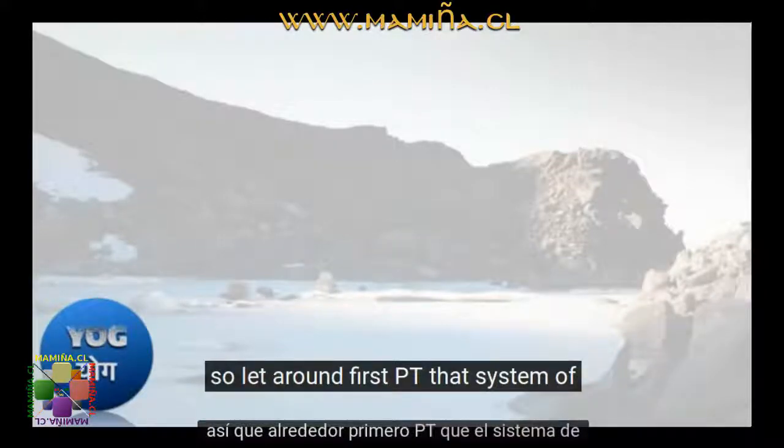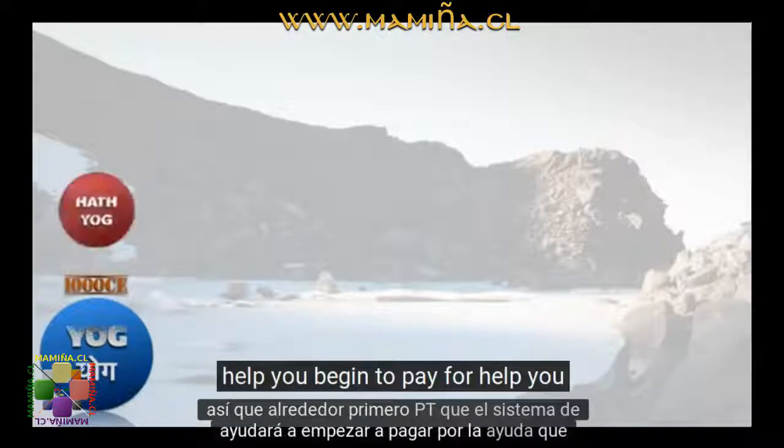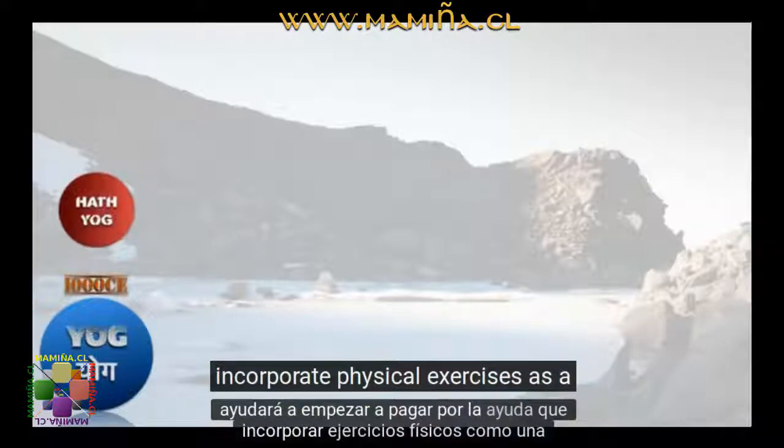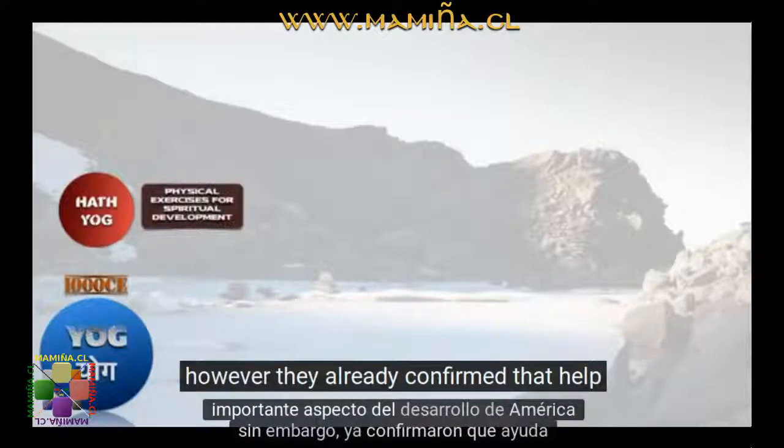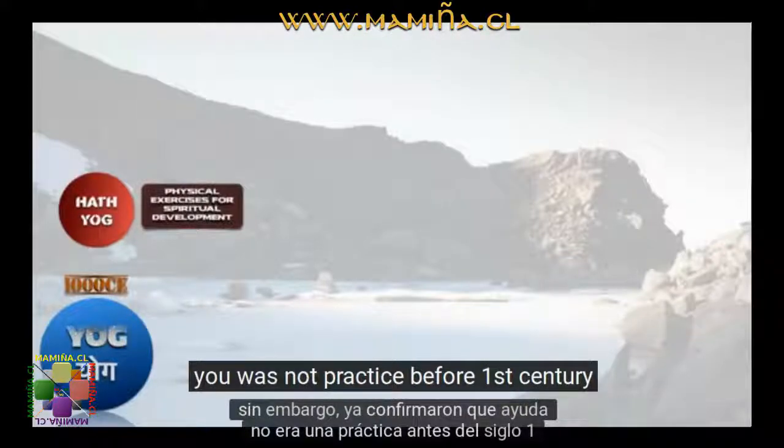Somewhere around the 1st century, the system of Hatha Yoga began to take firm roots. Hatha Yoga incorporates physical exercises as a major aspect of spiritual development. However, it in no way confirms that Hatha Yoga was not practiced before the 1st century.